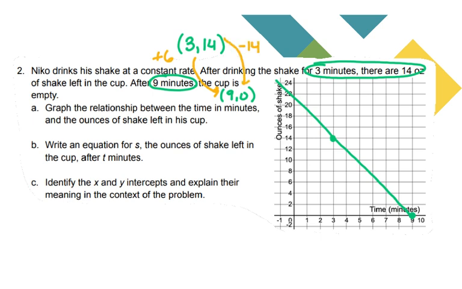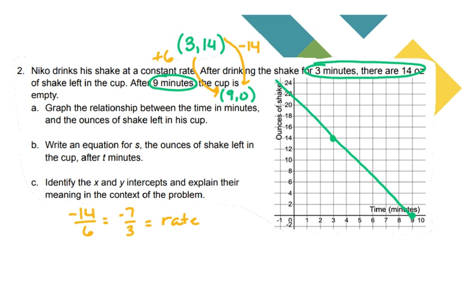So we just lost 14 ounces in those 6 minutes. So what kind of change is happening? Well, we lost 14 ounces in those 6 minutes. So negative 14 over 6. And if I reduce that, I have negative 7 over 3.